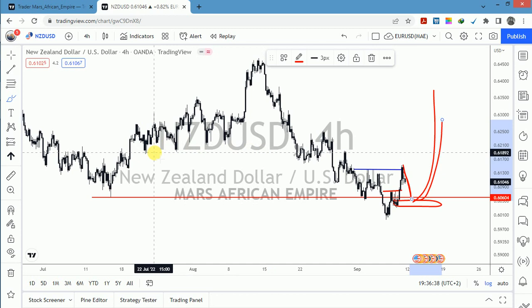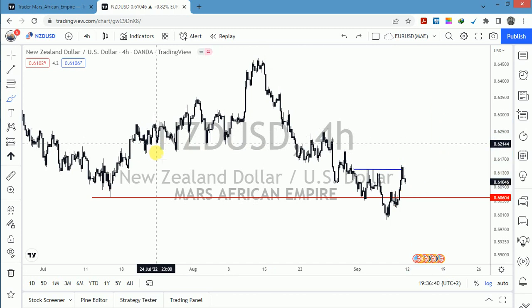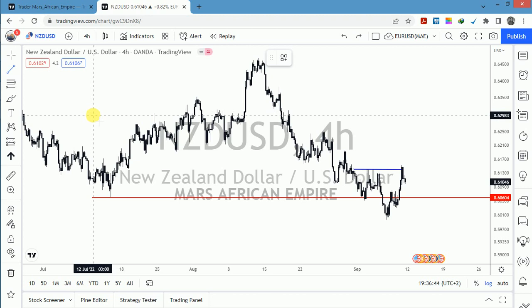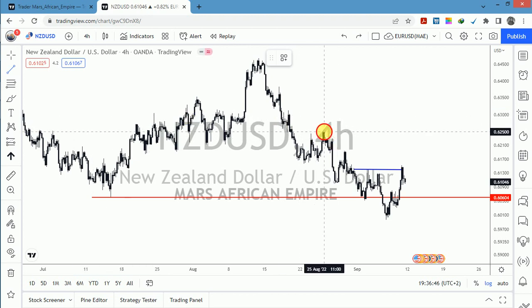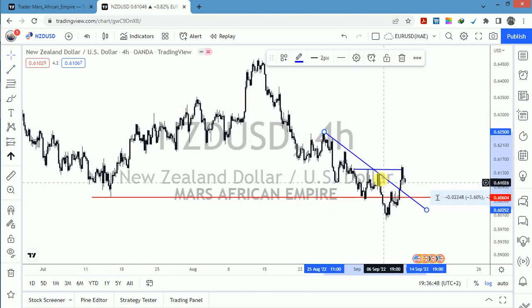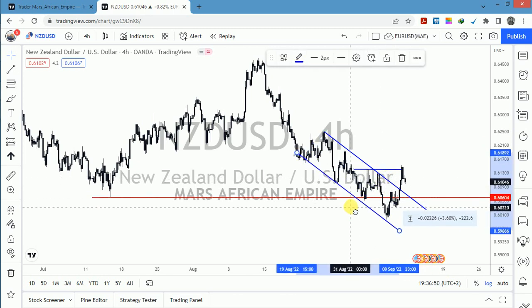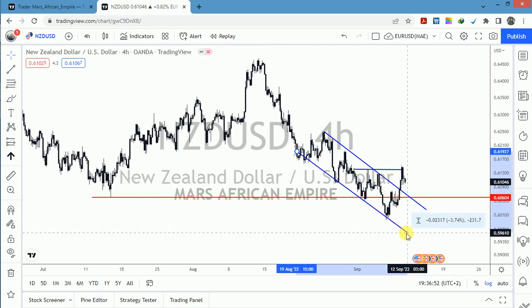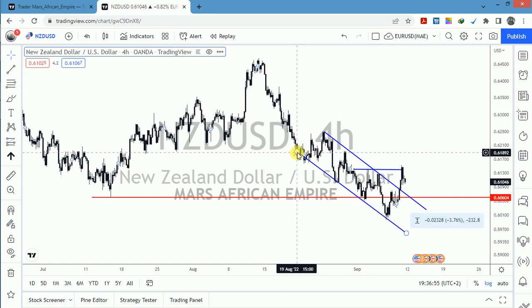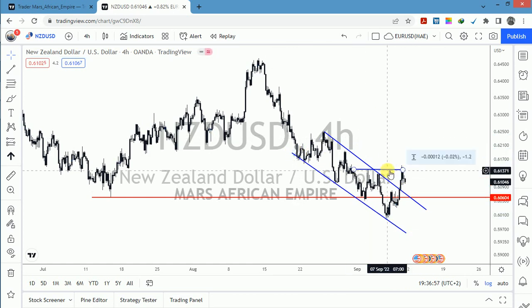And then for people who are using trend lines, I believe that you guys have something like this. And price currently broke your trend. It broke your trend.